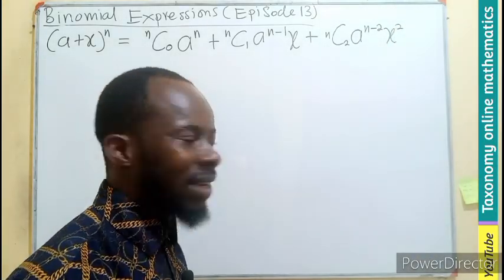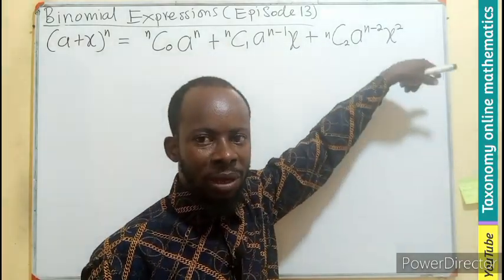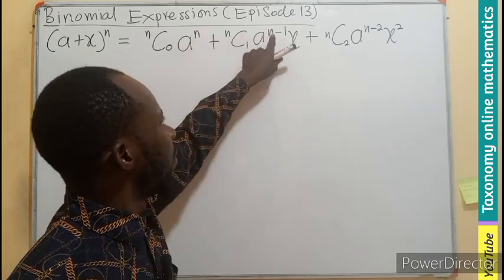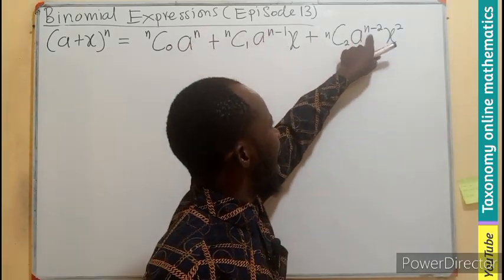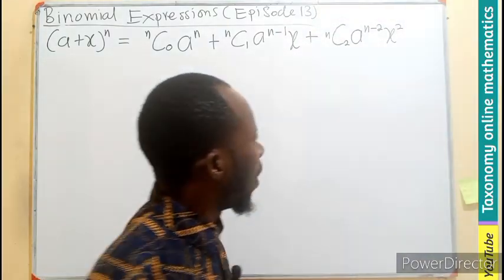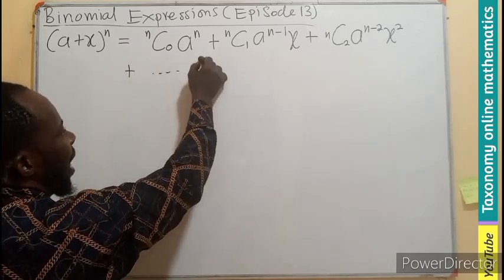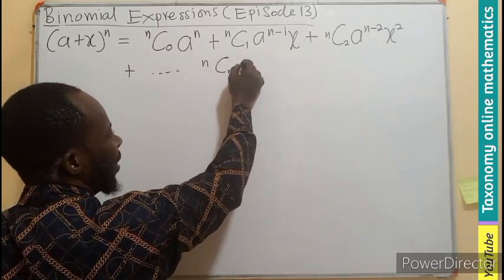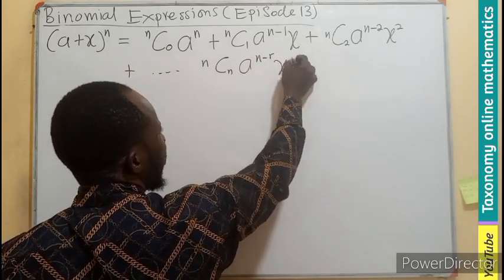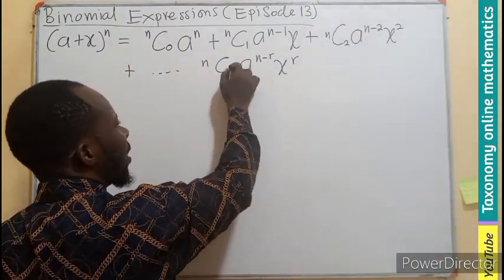I believe you are seeing the pattern: from 0, 1, 2, the next will be 3. The exponent is n minus 0, n minus 1, n minus 2. The exponent of the second term is also picking the same thing. Let me just add plus nCn a^(n-r) x^r; in some cases we use r.